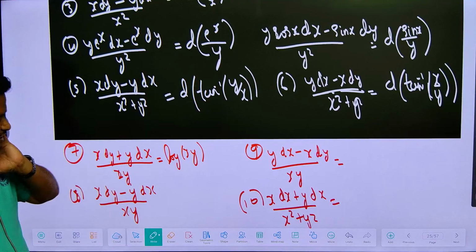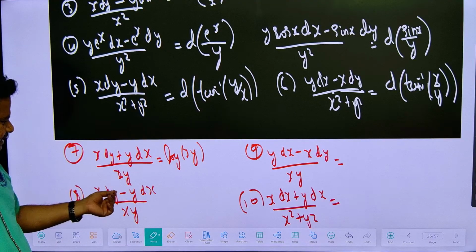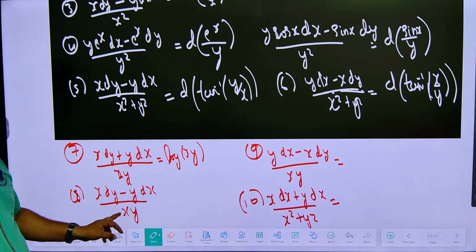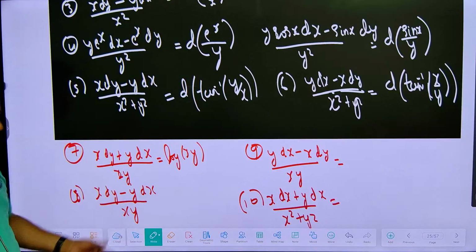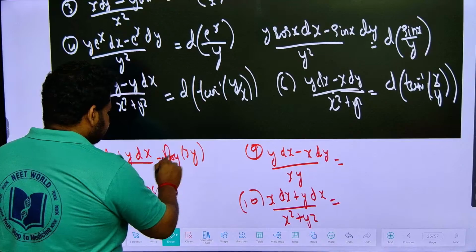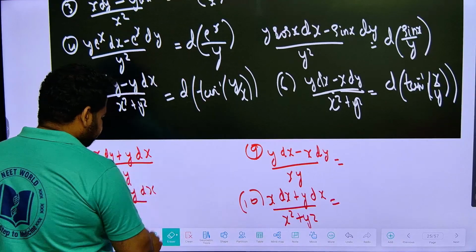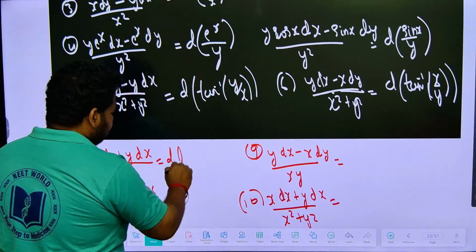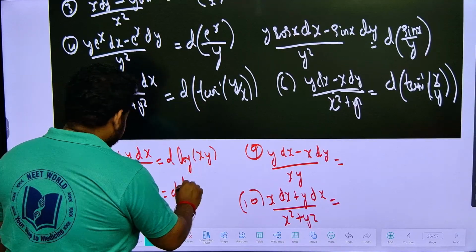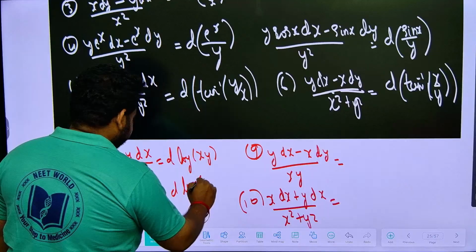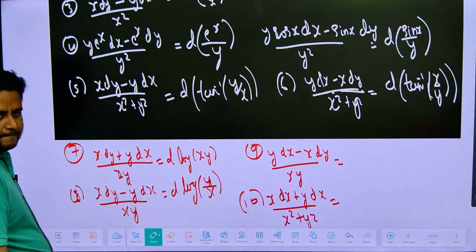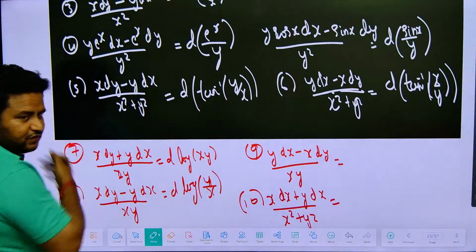Next, if it is x dy minus y dx by xy, since minus is there, this should be the derivative of log of y by x. Correct?